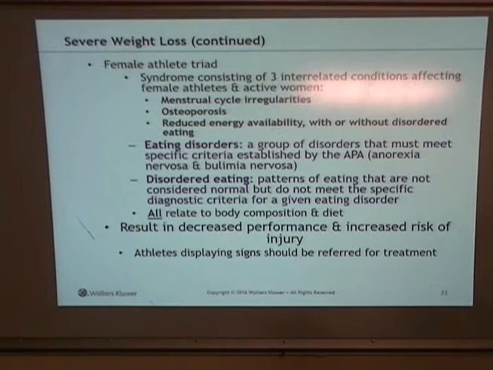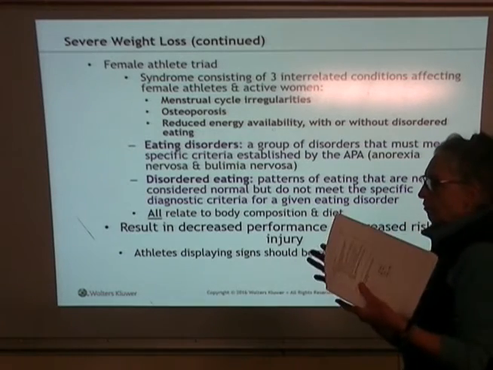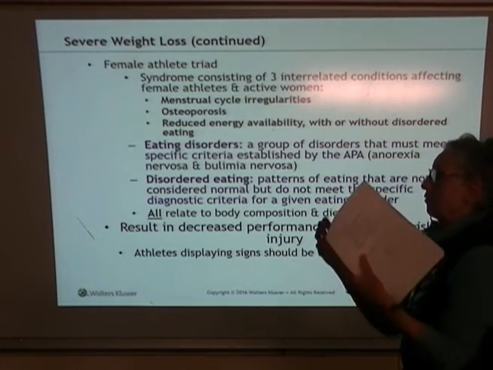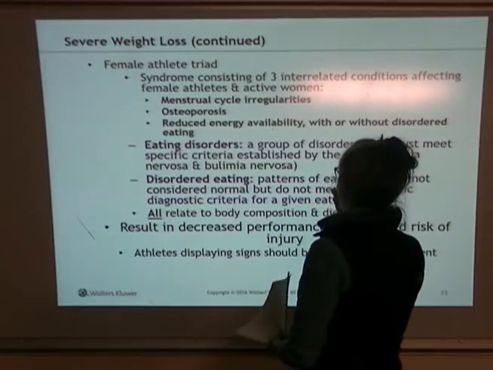So they could have an eating disorder, which to have an eating disorder clinically diagnosed is tricky because you have to be pretty bad. And first you have to identify that the person has it, and then they have to admit that they have it, and then they have to go get help.